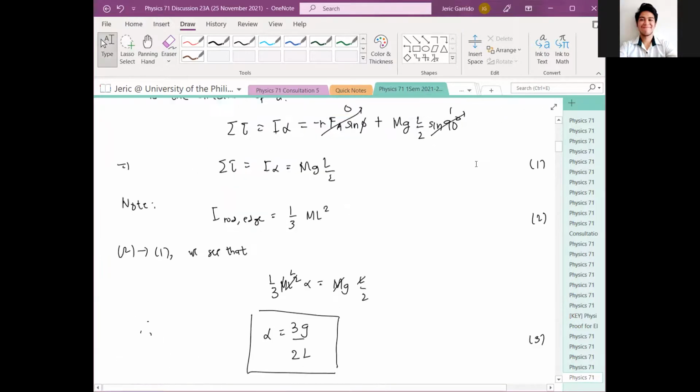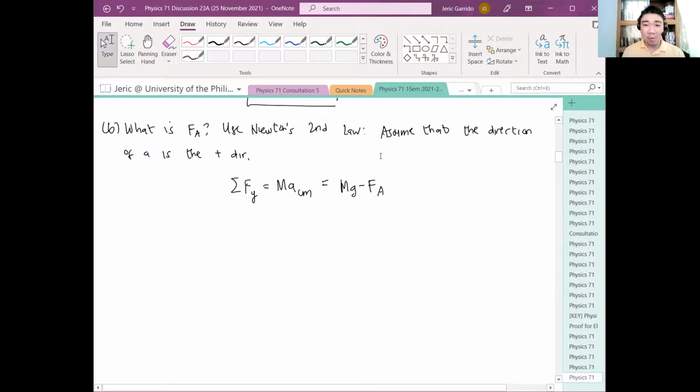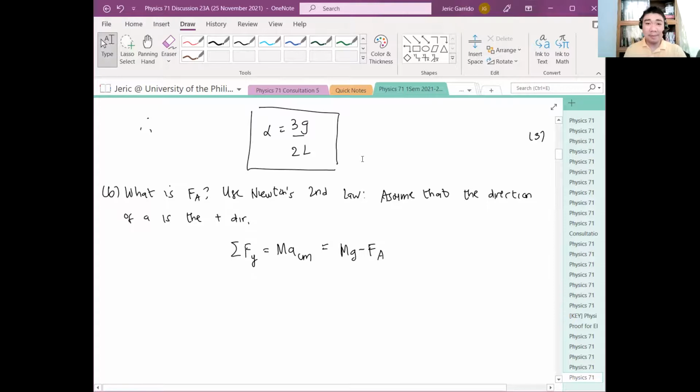Yes, sir. So in that case, you have mg minus FA is equal to MACM. Now, we know that ACM, remember, this is a rod, and uniform naman yung angular acceleration at any given point in that rod. In that case, A and alpha are related. Anong relation nila?